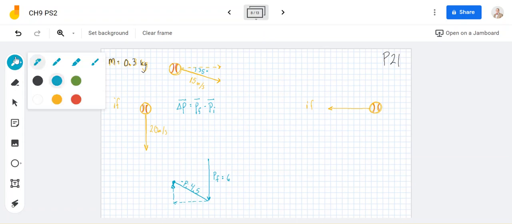And what that means is that if we're going to get the change then, we do final plus negative initial. And this makes sense to us because it was moving to the right and down, now it's only moving down, so this change in momentum was to the left and down. So that seems okay to me.